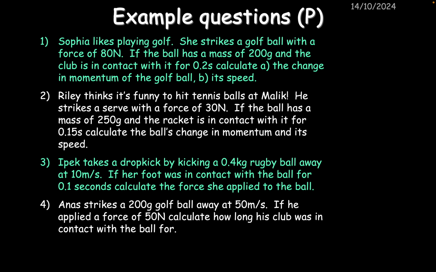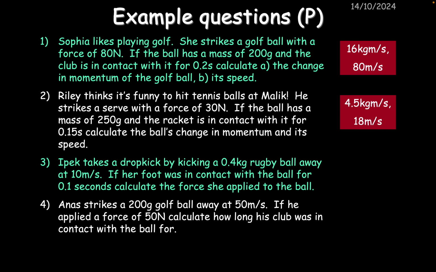The names of the students are four of my students from when they were in year 12 and revising Newton's laws. So there are the answers to question 1, question 2, question 3, and question 4. I'm not going to go through the questions.